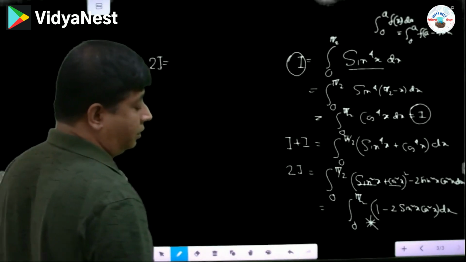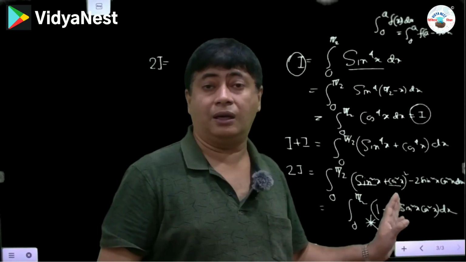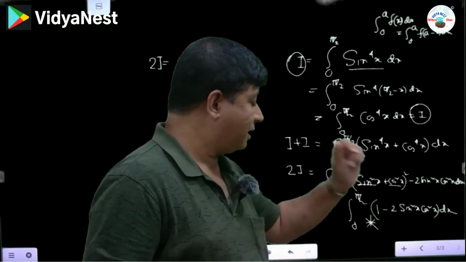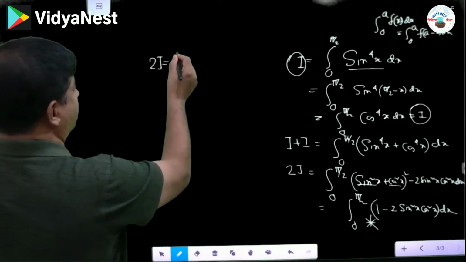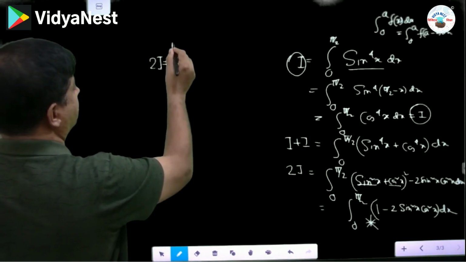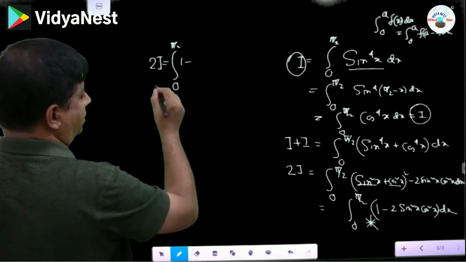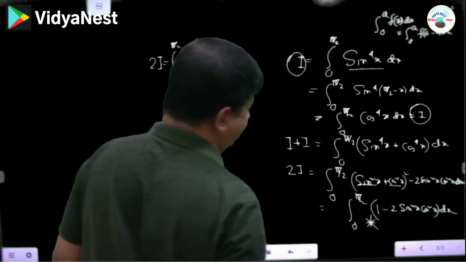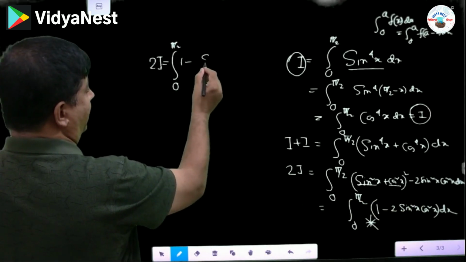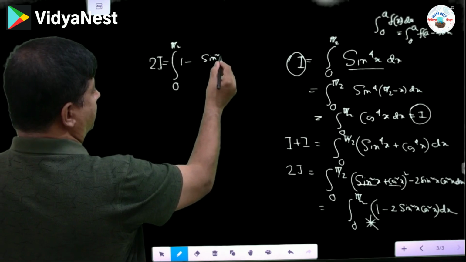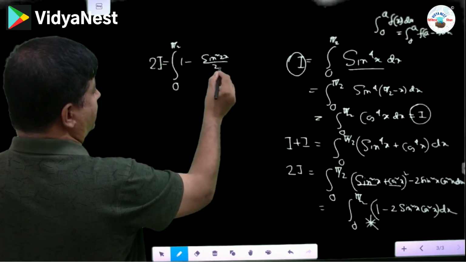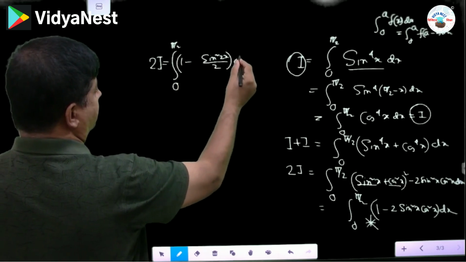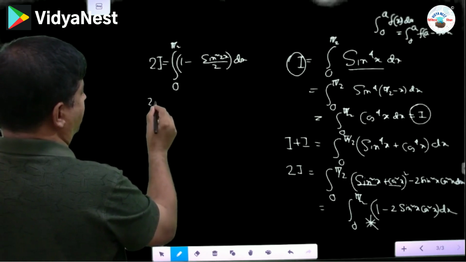See, what formula does it remind you of? Multiple angles formula. 2 sin square x cos square x, so I can write this as sin square 2x by 2. Now split into two parts.